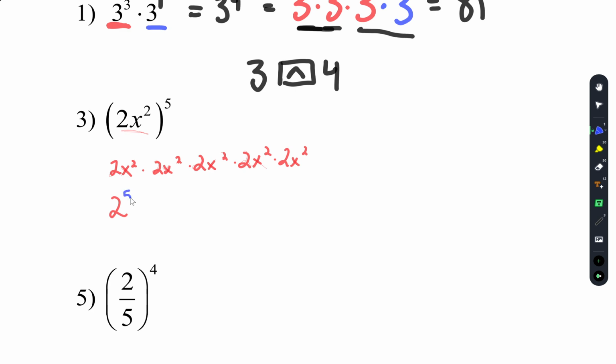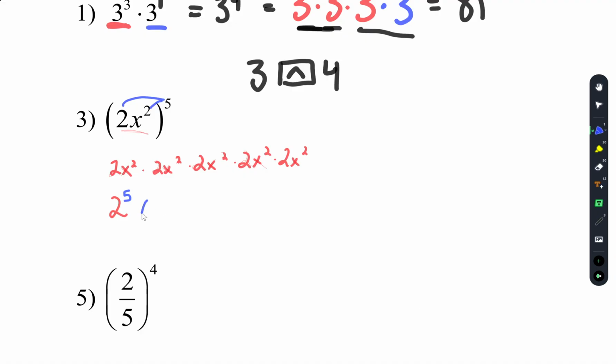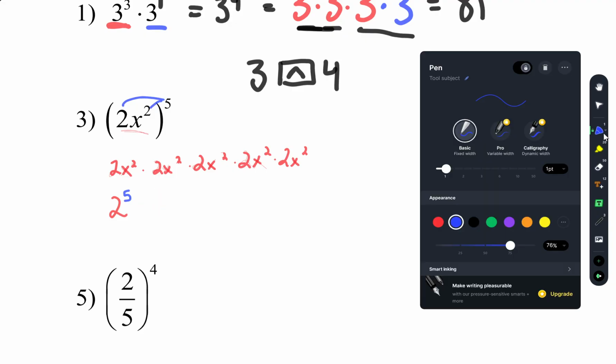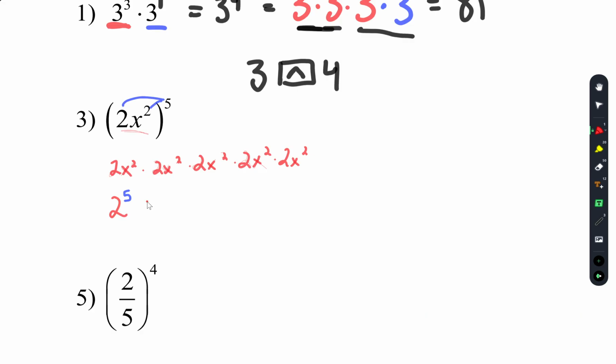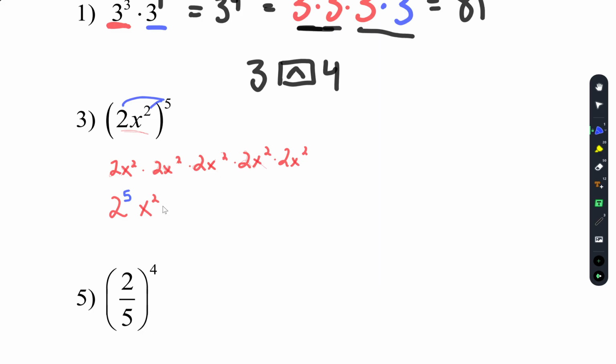All right, so this is essentially what you're doing. You would raise 2 to the 5th, and then with the x's, you have x squared. But then, because if you think about it, you have 2, 2, 2, 2, 2, you have 10 of them.